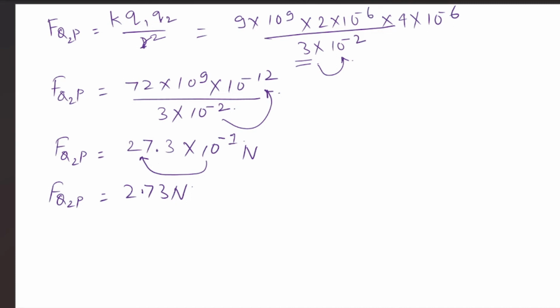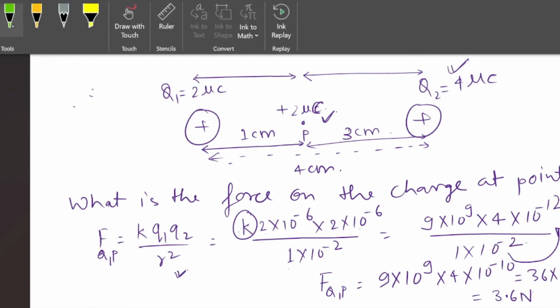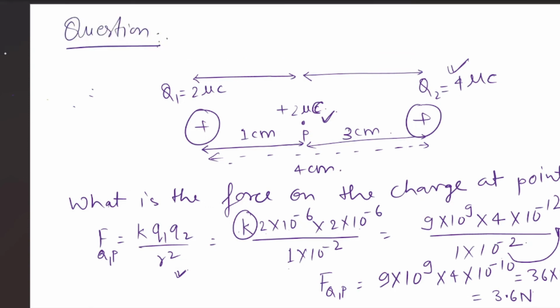Now, if I go back to the diagram once again, and let me change the color of the ink so that I can draw it here. Both forces are just opposite to each other, because Q1 is also positive, Q2 is also positive.